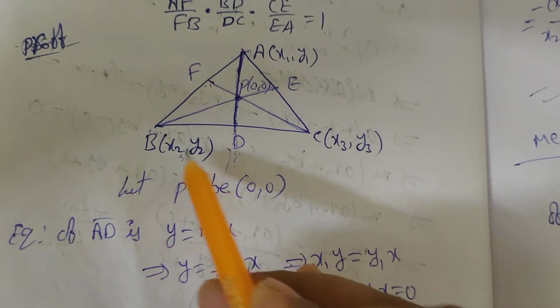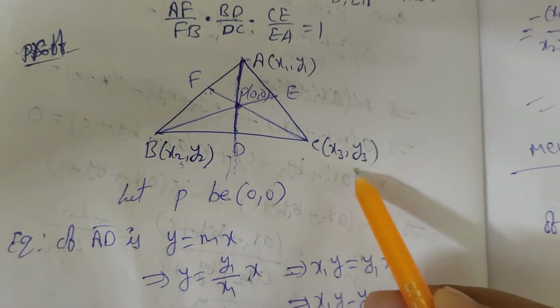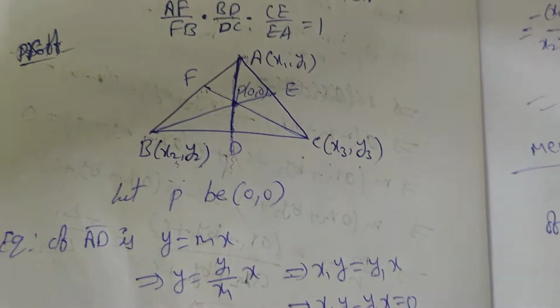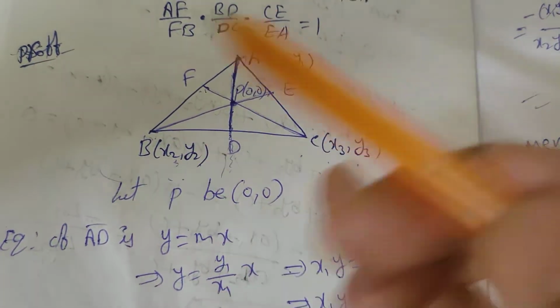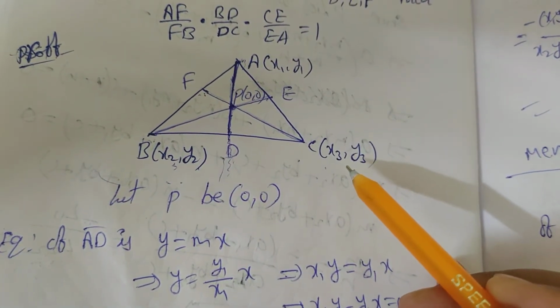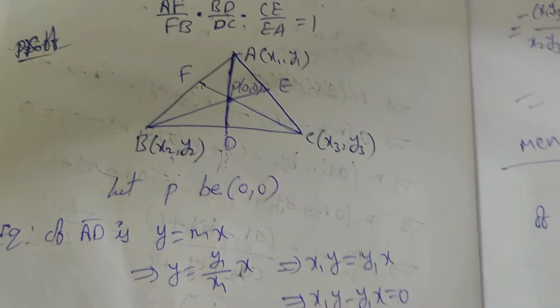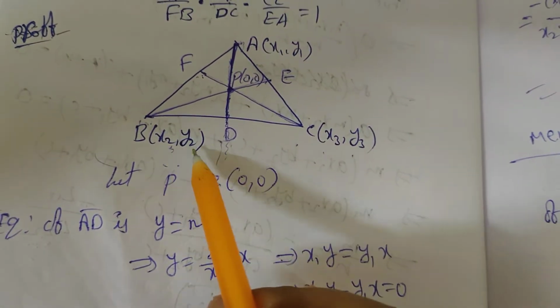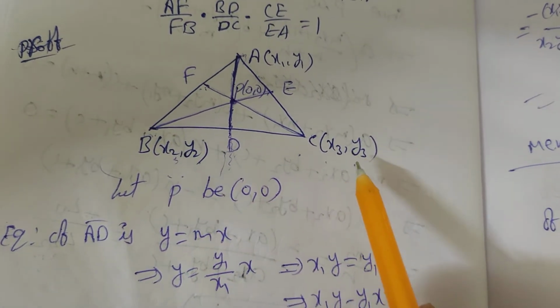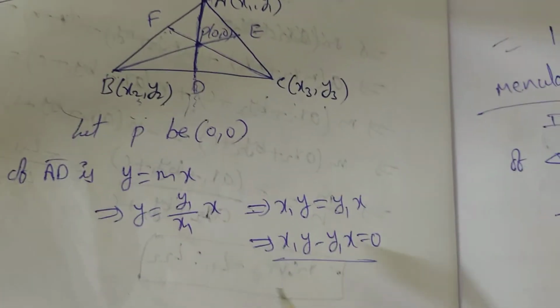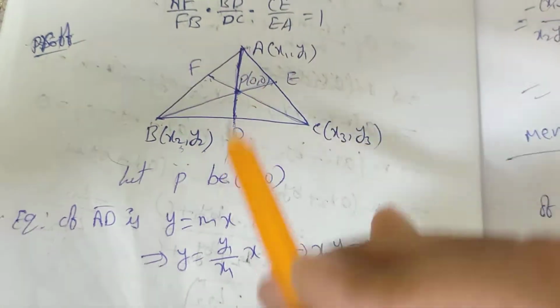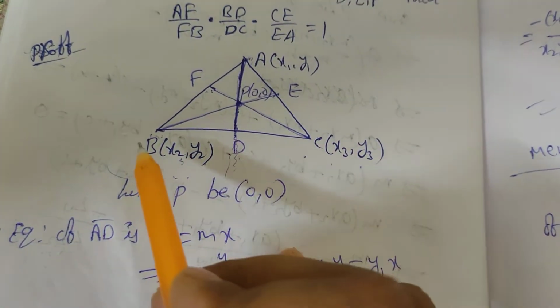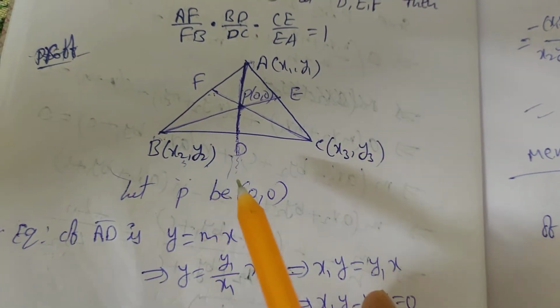Here L11 means you substitute x2 y2, L22 means you substitute x3 y3. So for our convenience I am giving the formula in terms of L11 and L22. If you substitute x2 y2 you take it as L11, if you substitute x3 y3 you take it as L22. So this line divides BC in the ratio minus L11 is to L22.